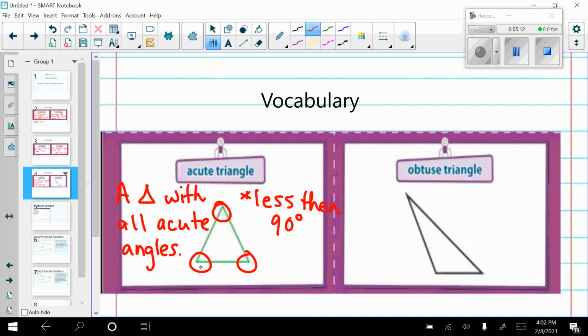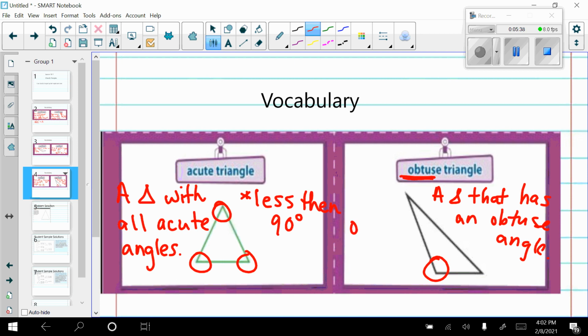The next vocabulary word is an obtuse angle. An obtuse triangle is a triangle that has an obtuse angle. Now, what is an obtuse angle?